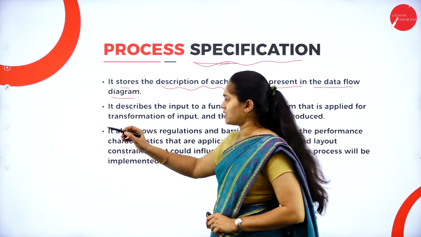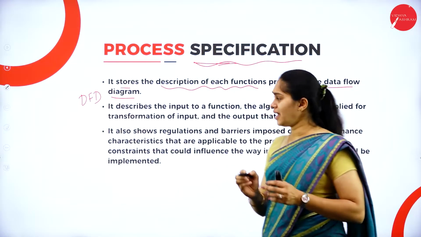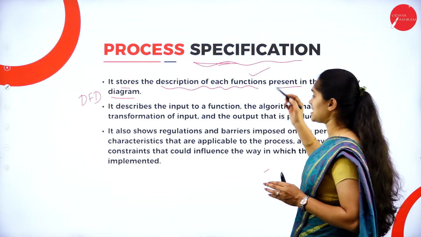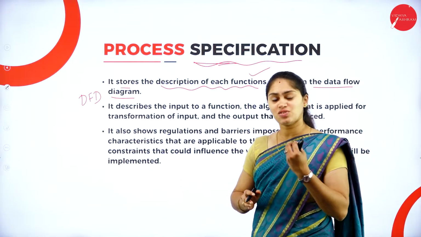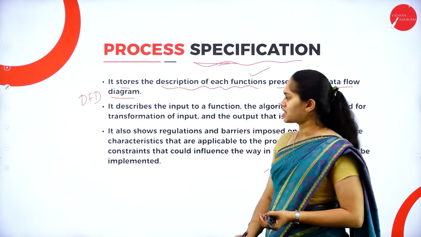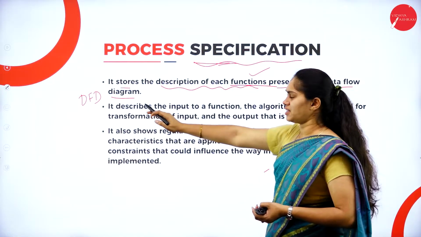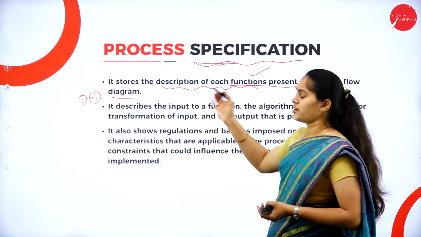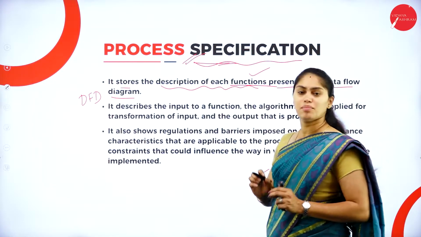In the previous slide we got to know about the DFD, that is, the data flow diagram. Then how one function is represented, what functions we have and what each function is doing, that description of each function will be represented in the DFD. So in order to store all those descriptions, we require this process specification.